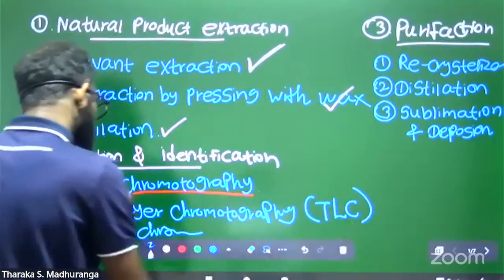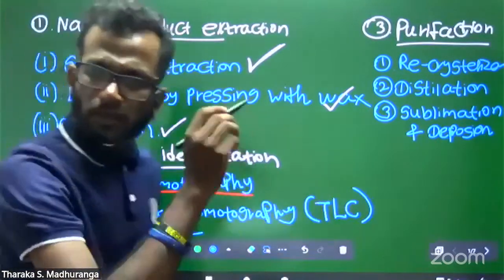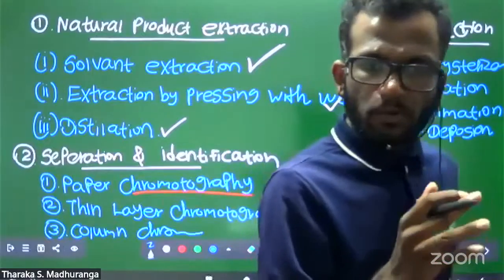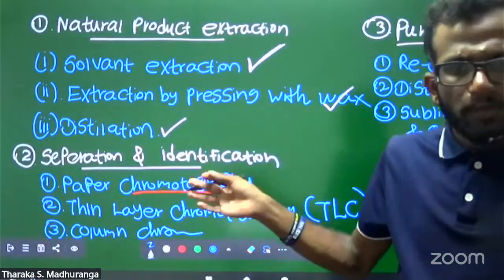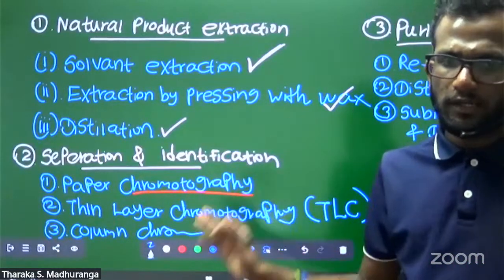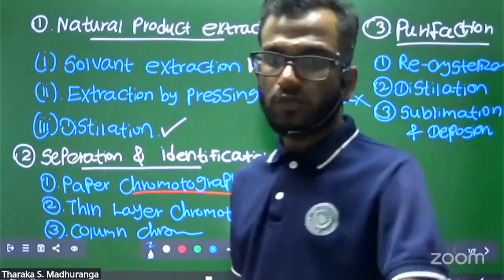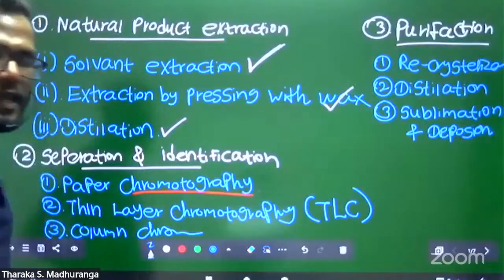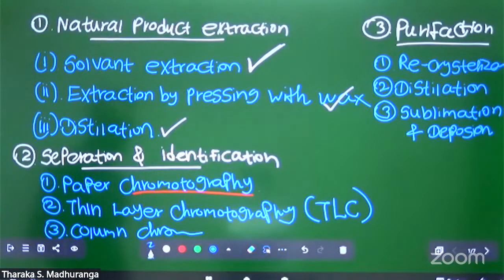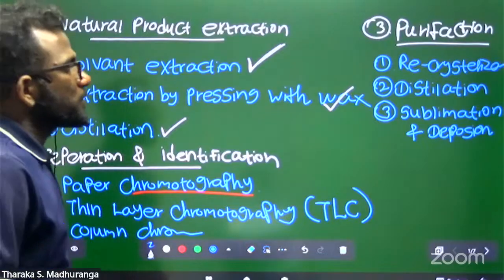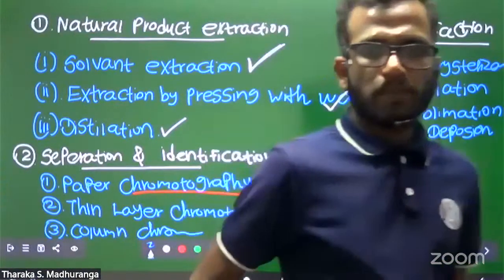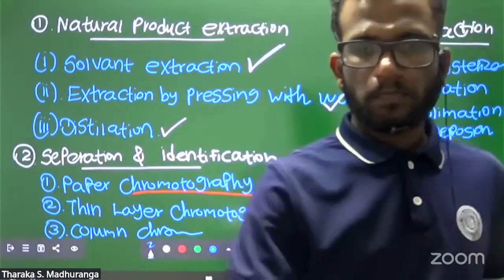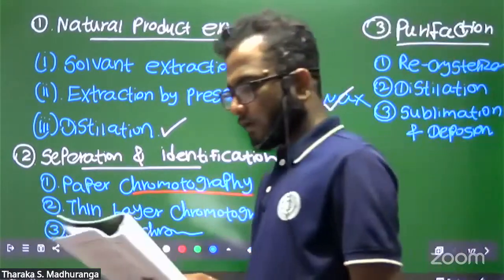TLC is the commonly used short form. In the exam also, it is given as TLC method, not thin layer chromatography. Then you should know it is thin layer chromatography. The final one is column chromatography.